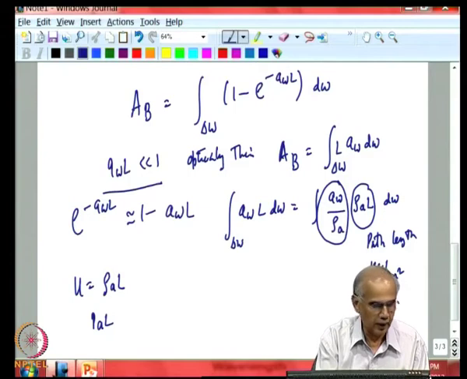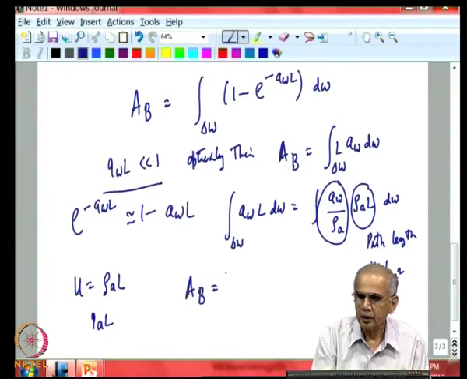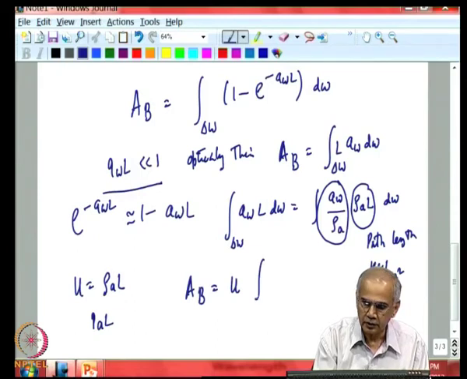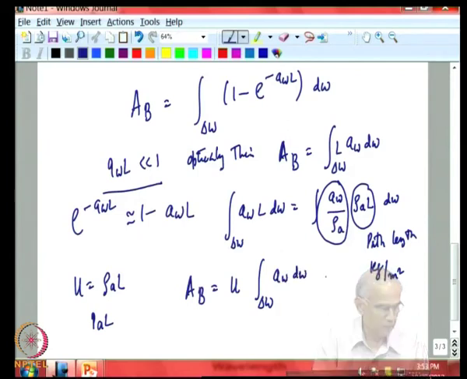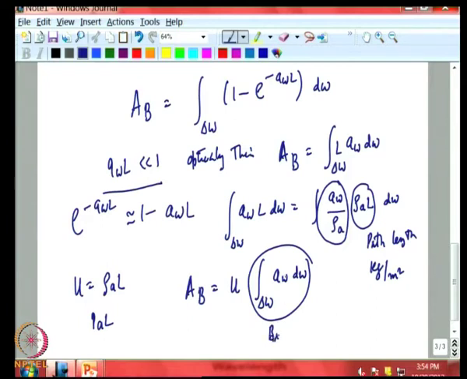So, finally, we write A_B as rho L, we call it U, take it out, it is not a function of omega, and then we write this integral over a_omega d omega, and this is the strength, which is called the band intensity.